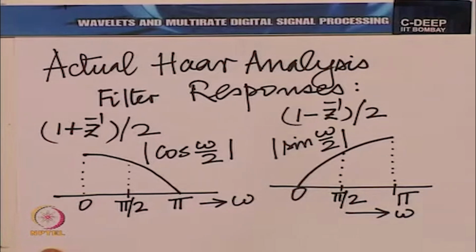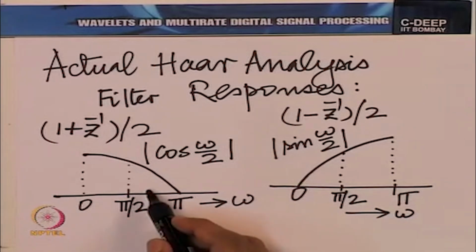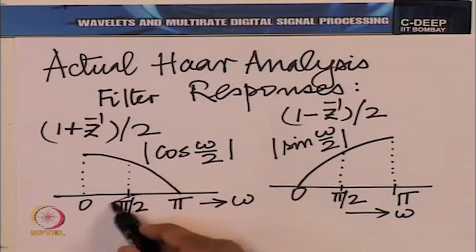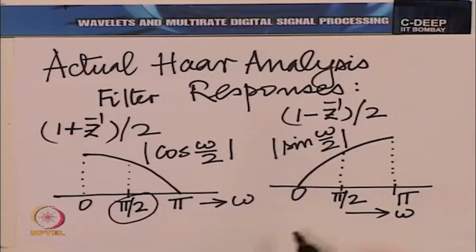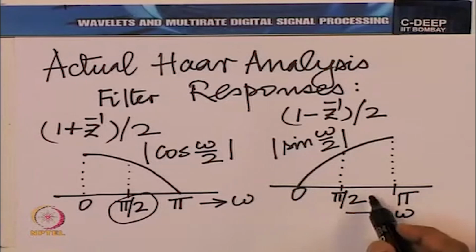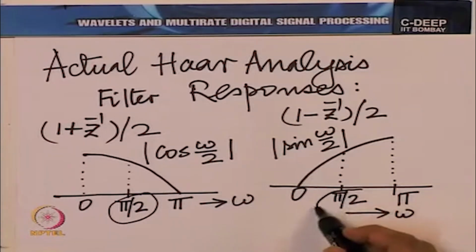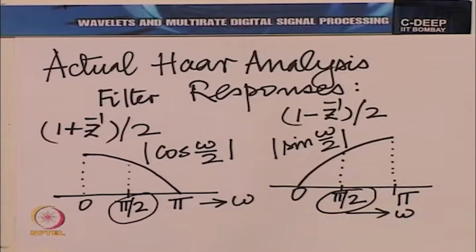That gives us a hint where we are moving towards in the ideal sense. Ideally, we are trying to make this a low pass filter with pi by 2 as the cutoff, and again we are trying to make this a high pass filter again with pi by 2 as the cutoff. So, let us put down the ideal analysis filter responses towards which we intend to move.